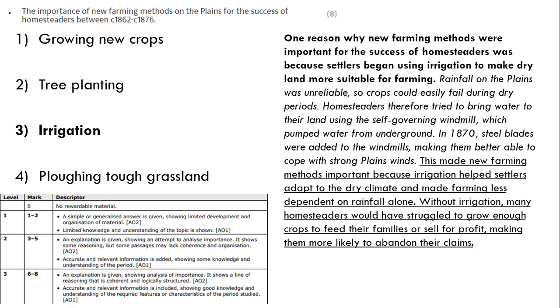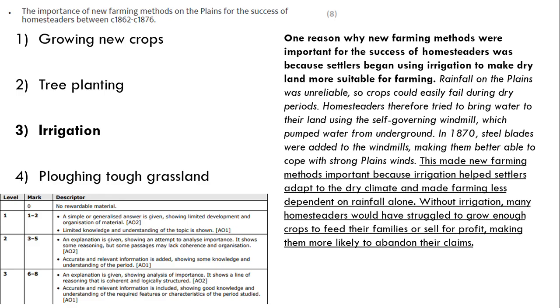on irrigation. So one reason why new farming methods were important for the success of homesteaders was because settlers began using irrigation to make dry land more suitable for farming. Rainfall on the plains was unreliable, so crops could easily fail during dry periods. Homesteaders therefore tried to bring water to their land using the self-governing windmill, which pumped water from underground.